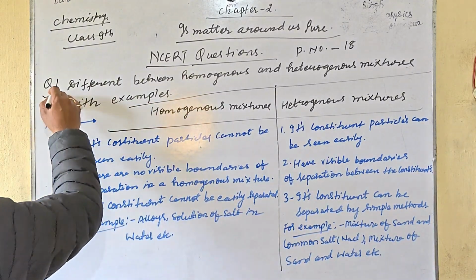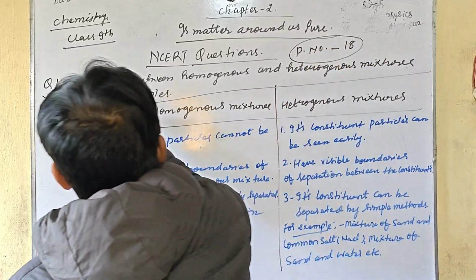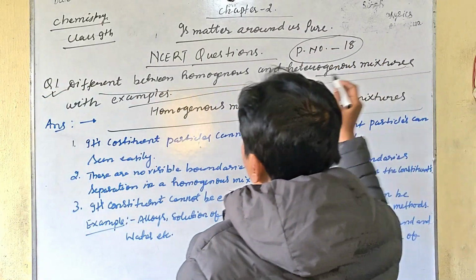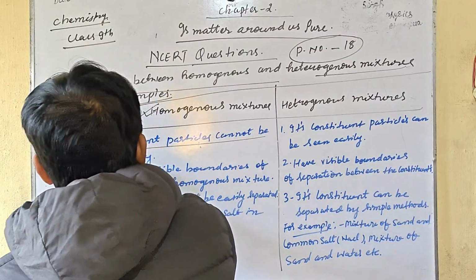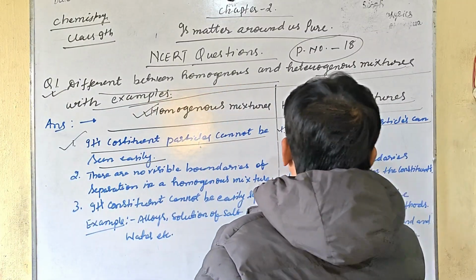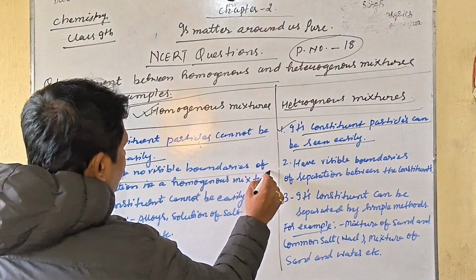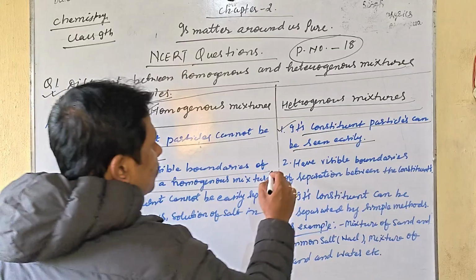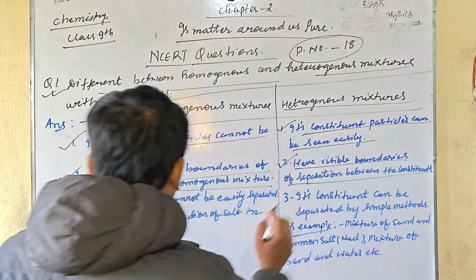The question number 1, NCERT question page number 18: differentiate between homogeneous and heterogeneous mixture with examples. Homogeneous mixture, its constituent particles cannot be seen easily. Heterogeneous mixture, its constituent particles can be seen easily. Point number 2. In a homogeneous mixture, there are no visible boundaries of separation. Heterogeneous mixture has visible boundaries of separation between the constituents.